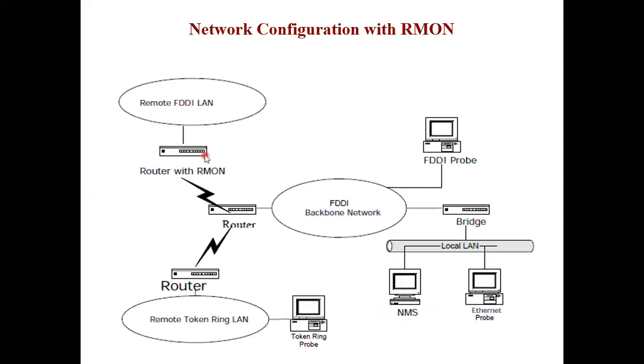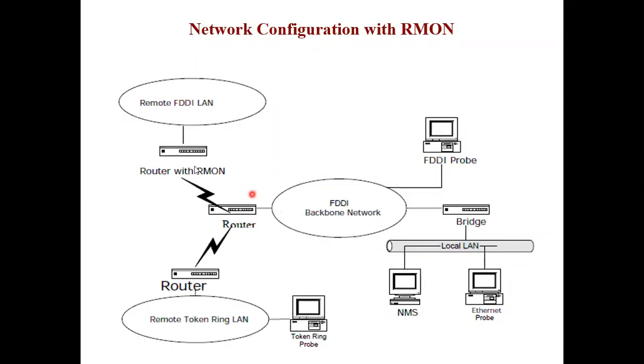Okay, so what I am doing is, the FDDI probe is collecting the data from the backbone network, and through this bridge it will pass it on to this Ethernet network where the NMS is. This probe is extracting the data and passing it to the NMS. The NMS is located over here.